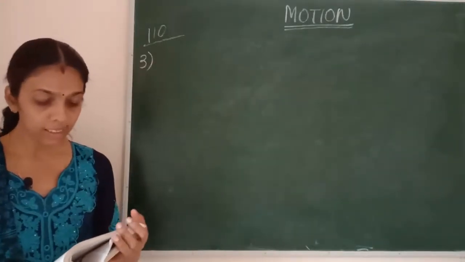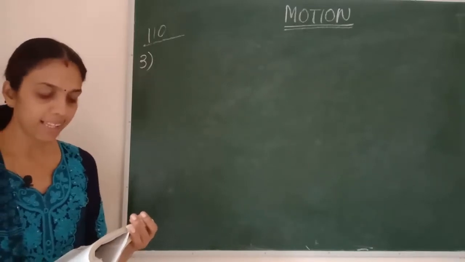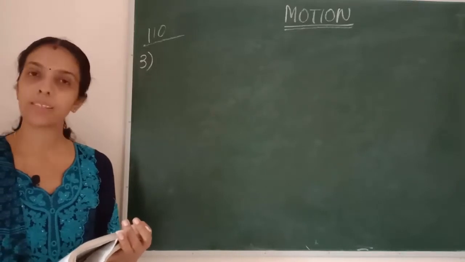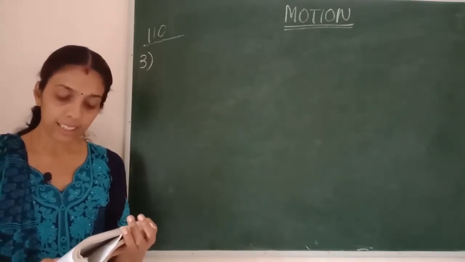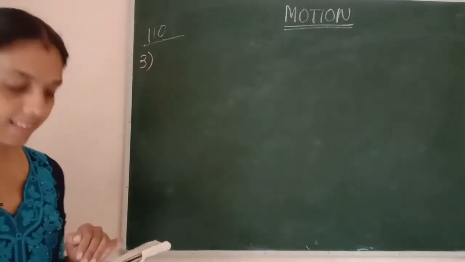A trolley while going down an inclined plane has an acceleration of 2 centimeter per second square. What will be its velocity 3 seconds after the start? So what data are given?